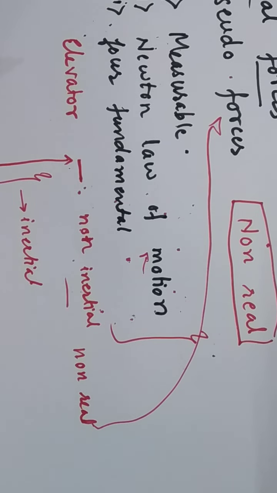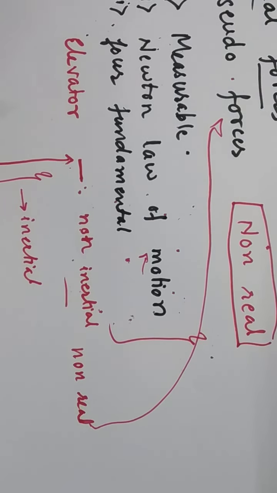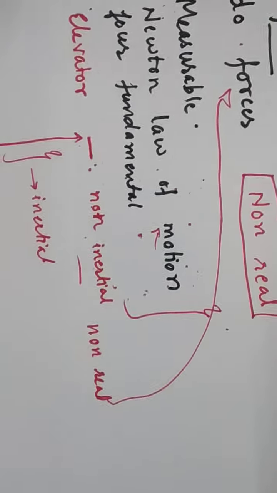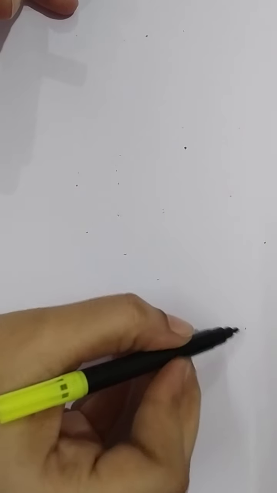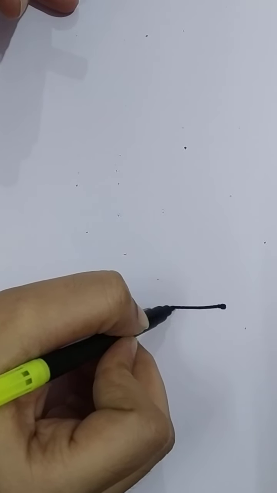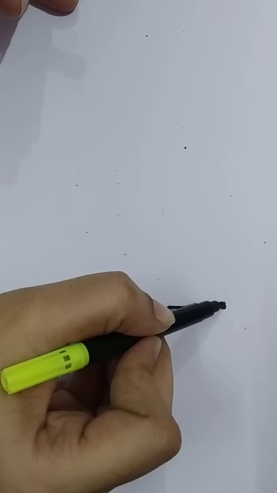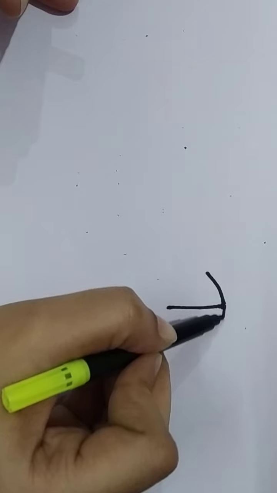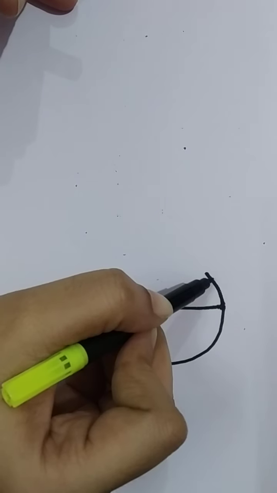Now let us study the concept of force in circular motion. Let's take a very simple example. One stone is tied to a string, and suppose this stone is rotated in a horizontal circle.